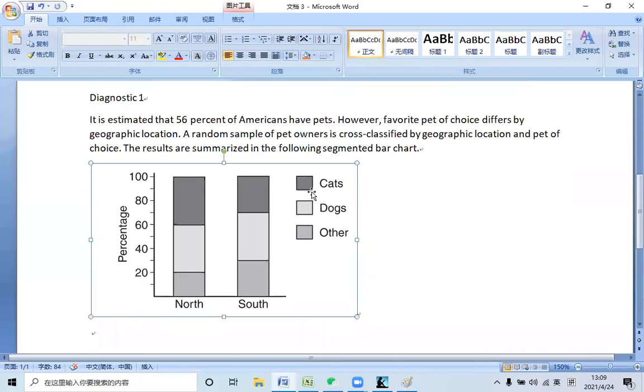You eyeball this graph. So two variables.